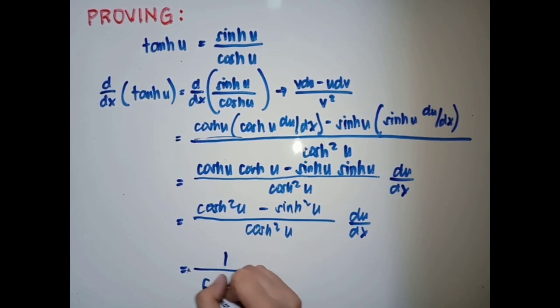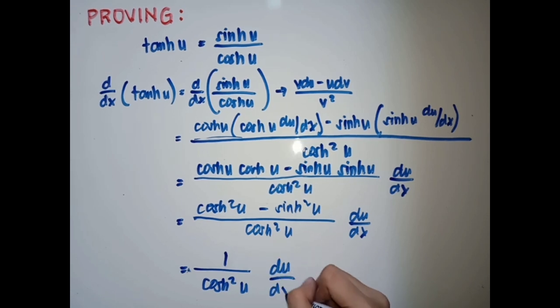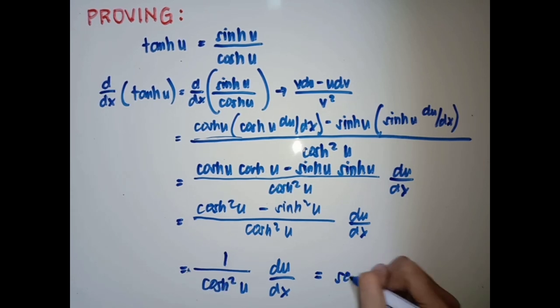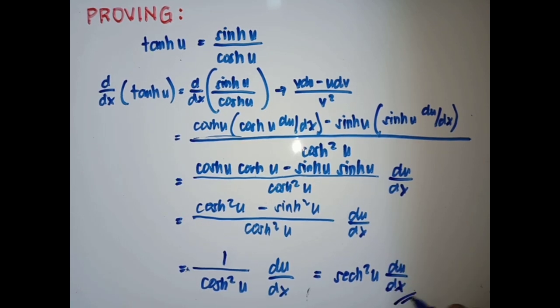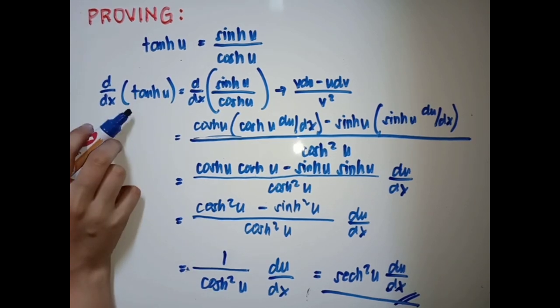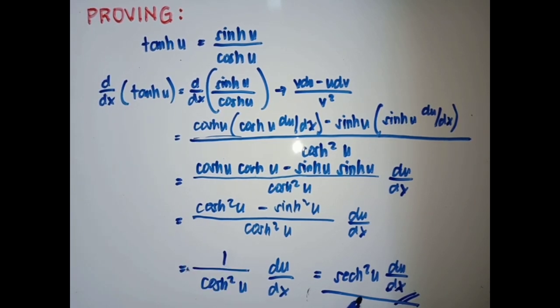So 1 over hyperbolic cosine squared u du over dx, or equals to the reciprocal, ang reciprocal aning 1 over hyperbolic cosine squared u is hyperbolic secant squared u du over dx. So now, na-prove nato nga ang derivative aning hyperbolic tangent u is equals to hyperbolic secant squared u du over dx.